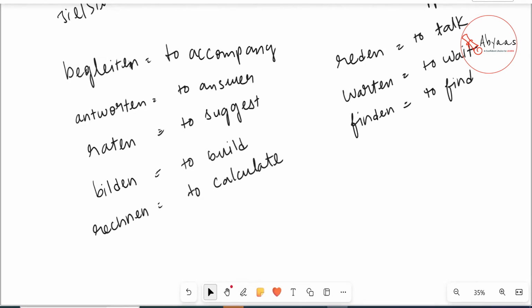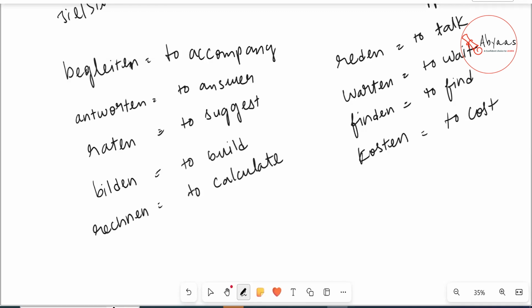So warten, finden, begleiten. Kosten. But coming towards kosten, I don't think there would be any verb conjugation. Kosten is to cost.